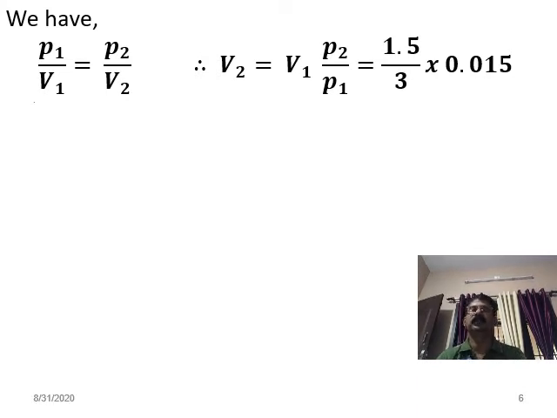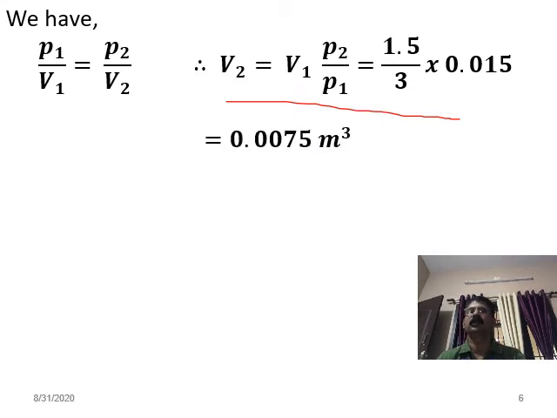Initial conditions, both P1 and V1, are given, and in the final condition only P2 is given, V2 is not given. So this V2 you have to find using the relationship P1 by V1 is equal to P2 by V2. After substitution you'll get V2 as 0.075 meter cube. Simple mathematics, nothing to worry about here.